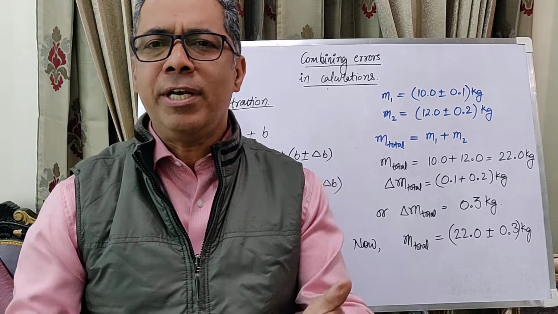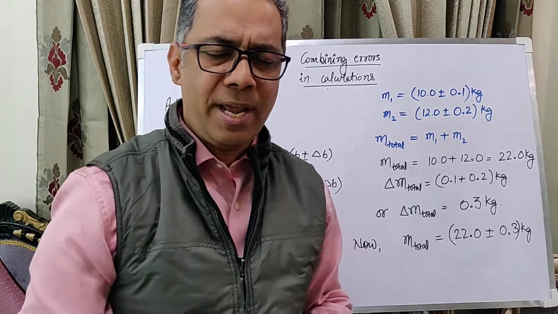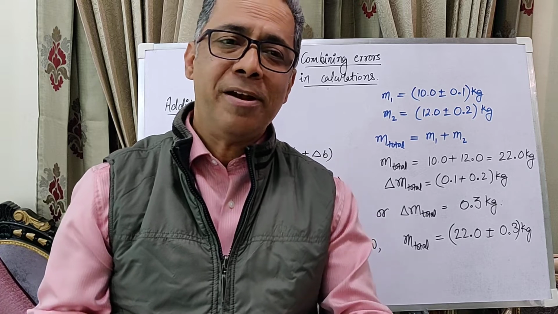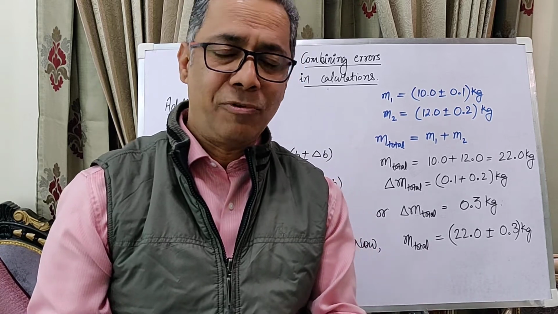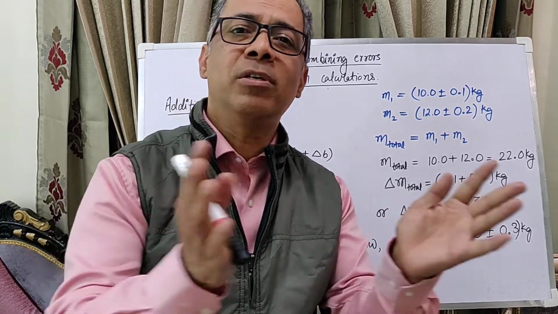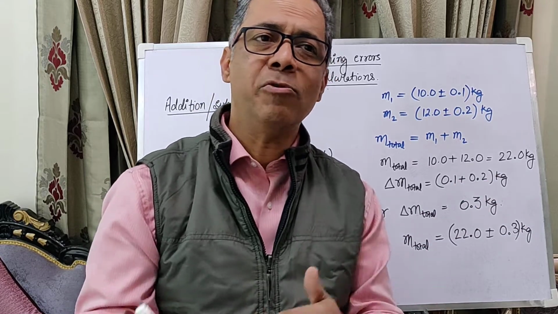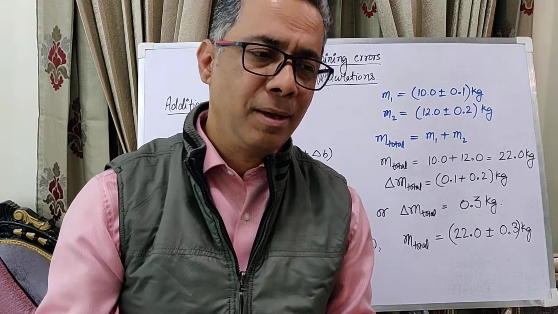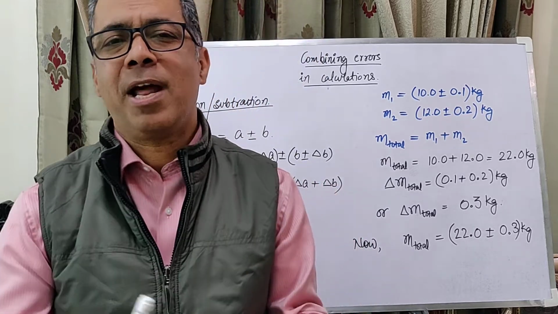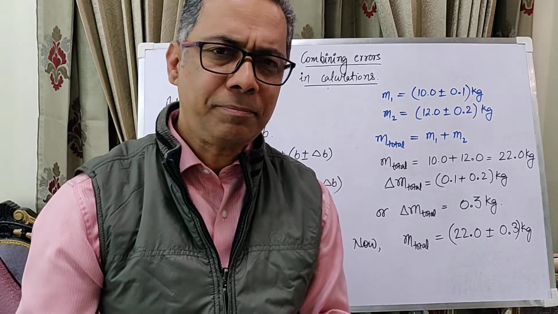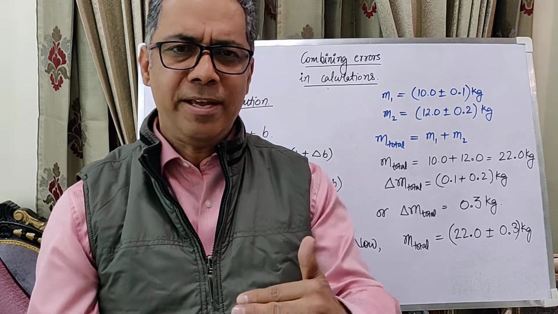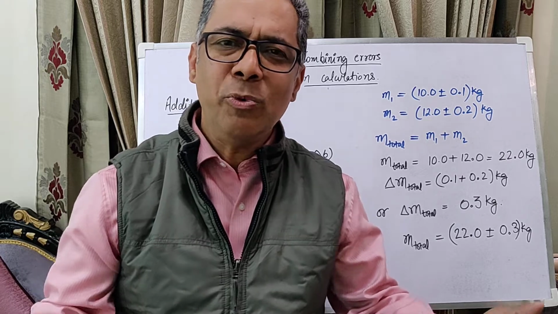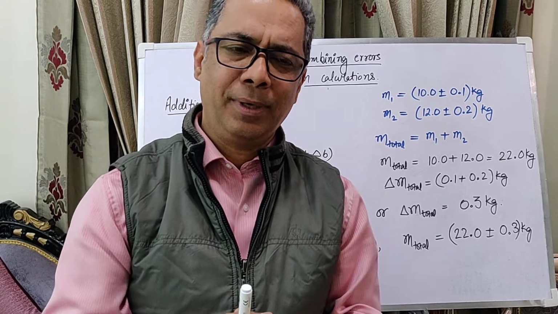Now that would reduce the final reported error. But we can never really be sure that the errors were compensating in nature. What if the errors were both overestimates or the errors were both underestimates and the overall error was actually large? Now, when you're adding, subtracting or multiplying, you never really know if the errors were compensating in nature or cumulative in nature.